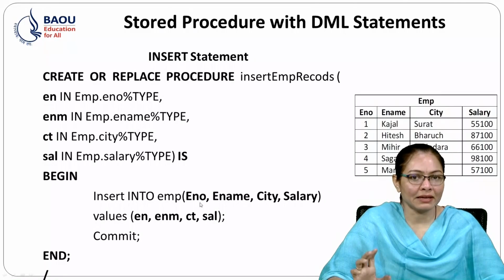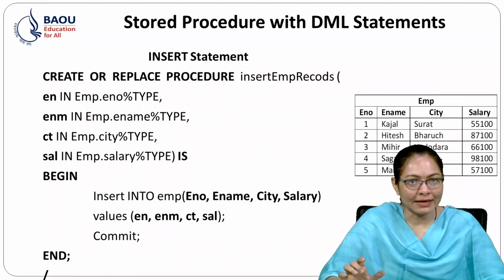Otherwise, if there is any error, it will show a warning. So how do we view the error? We can write show errors and then a semicolon. It will display the error if any error has occurred.